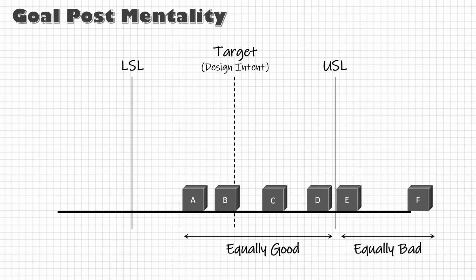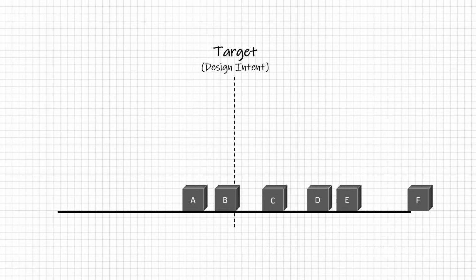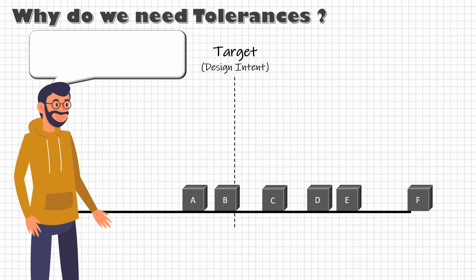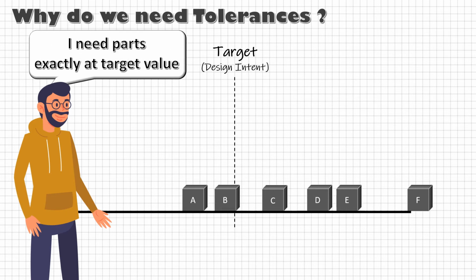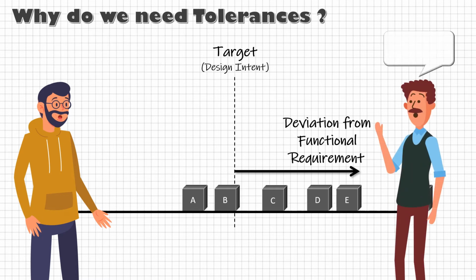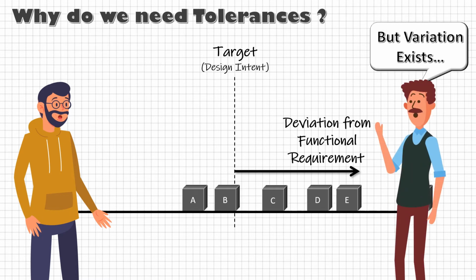There is a problem with this approach. To understand this, let us understand why there is a provision of tolerance in the design. Ideally, the product designer wants the product to be exactly at the target value, because as the distance from the target value increases, there are more chances that it will not meet the functional requirement. But variation exists.